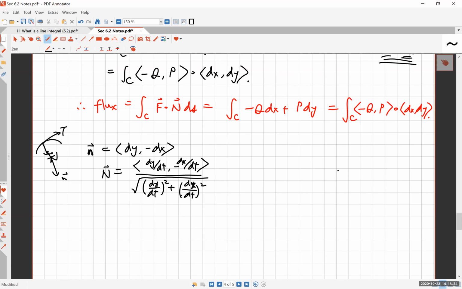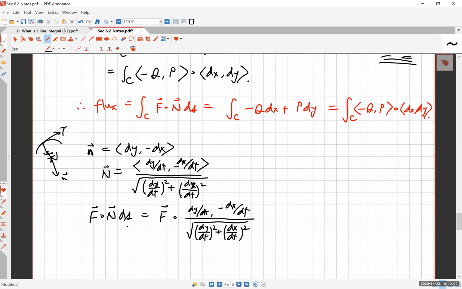And so just watch what happens when you integrate this. That is F dot this whole thing: dy/dt comma negative dx/dt, all over the square root of (dy/dt)^2 plus (dx/dt)^2, right?